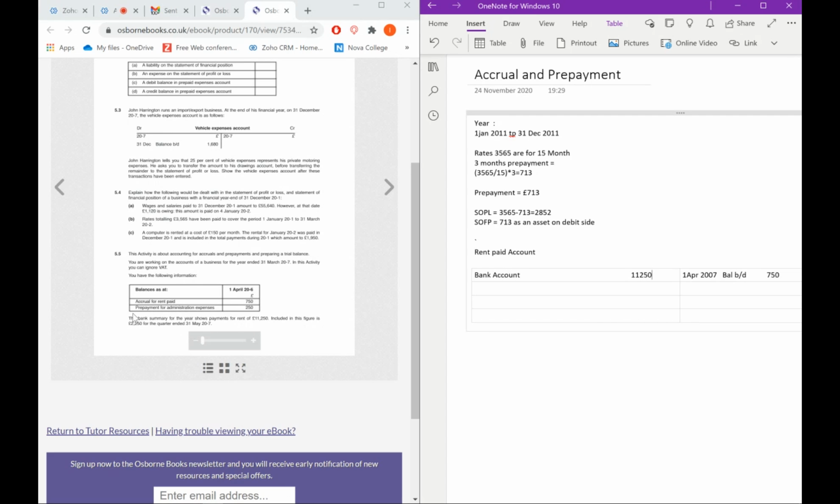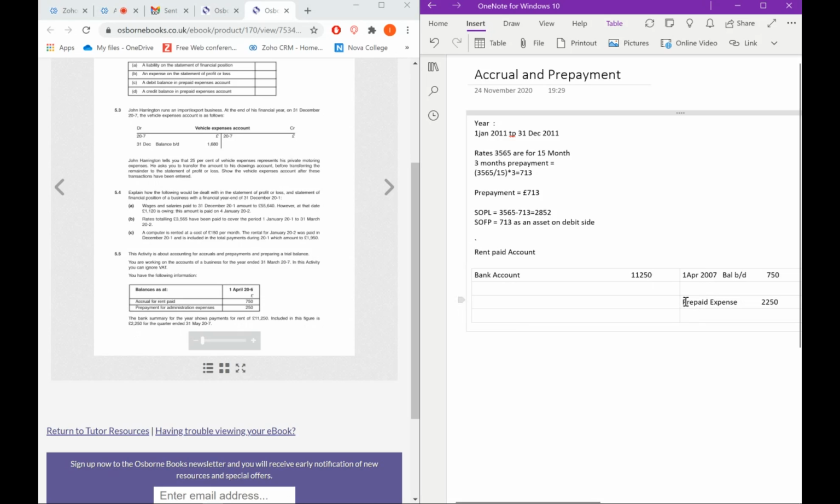We learned that opening accrual comes here and closing accrual comes on the debit side, while opening prepayment comes on the debit and closing prepayment comes on the credit. So the prepayment is coming on the credit side. It's an asset, a prepaid expense account, 2,250. Right now we got these two figures.